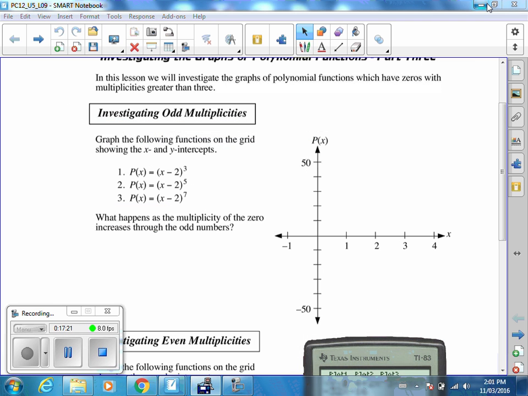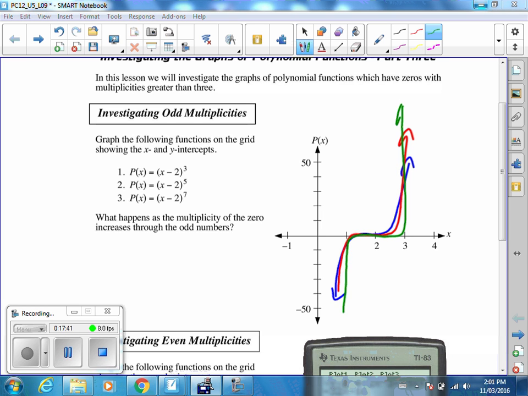Okay, so as we graph these, they just get increasingly flat and steep. But basically, they all look the same. Hopefully that makes sense.